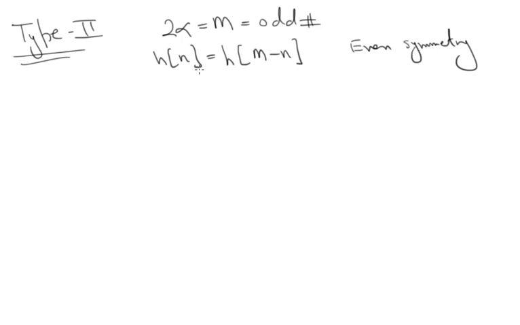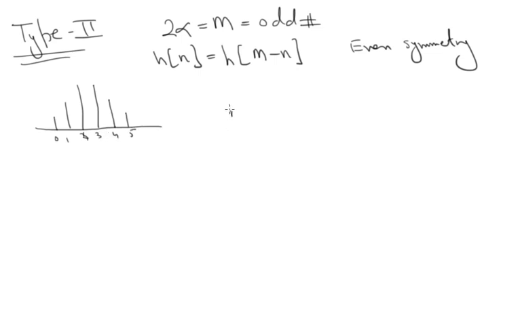So for such system, let's suppose your impulse response is like this. Here you have 1, 2, 3, 4 and 5.